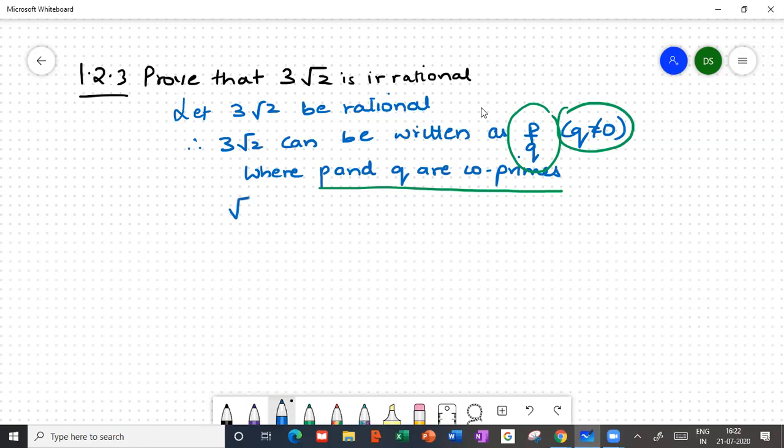Okay, so I'm going to write it as p by q, right? Or root 2 is equal to p by 3q, isn't it? So this is directly right here. This is okay.